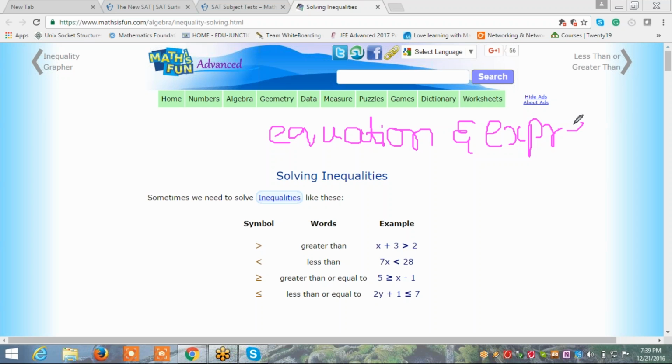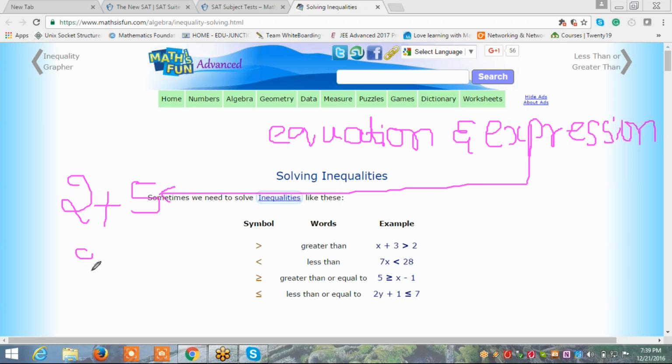An equation has an equal sign? Yes. Expression does not have an equal sign. Yeah, expressions are separated by algebraic symbols like addition, subtraction, multiplication, division. If I write 2 plus 5, it is an expression.